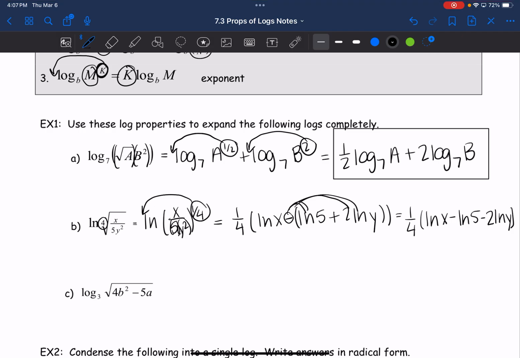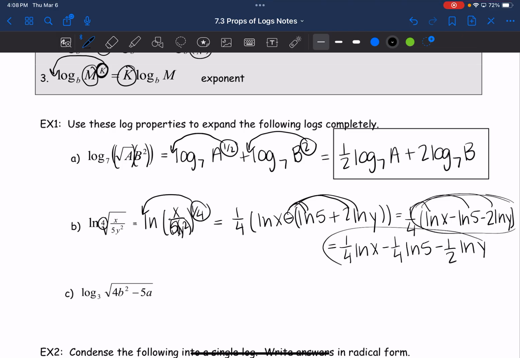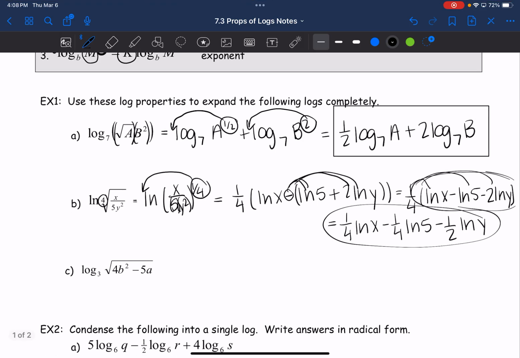Now, this would be a perfectly acceptable answer, but I also am welcome to distribute the 1/4 to each term if I prefer, which would then look like 1/4 ln of x minus 1/4 ln of 5. And then if I distribute the 1/4 to that negative 2, that one would actually be negative 1/2 natural log of y. So either this or this is an acceptable answer.